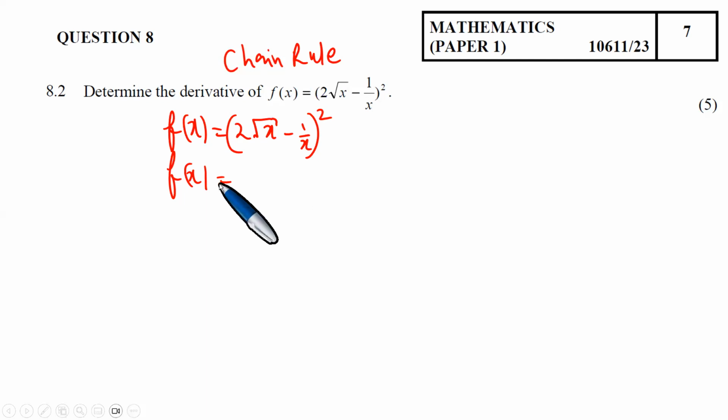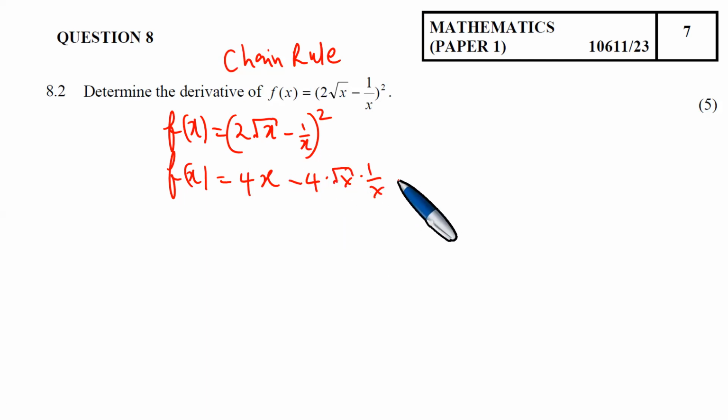You square 2, 2 squared is 4. You square this one, it becomes x. Then this times that, which is exactly minus 4 times the square root of x times 1 over x. Then you square this one, which becomes plus 1 over x squared.